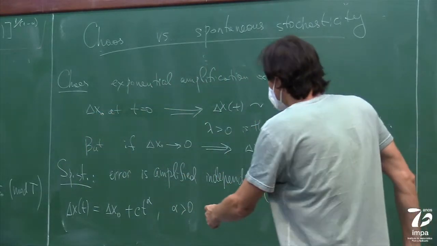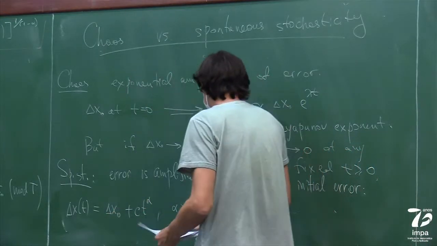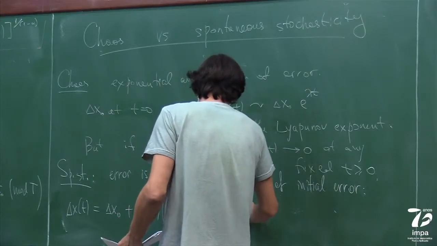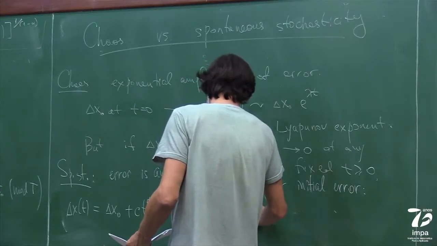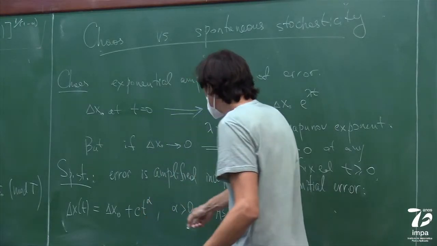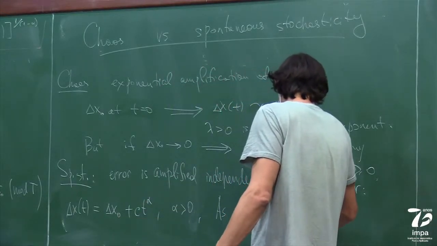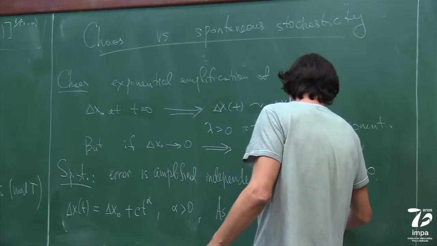So you see, at time equals 0, you recover your initial error, but as delta x goes to 0, removing the initial error, it doesn't matter.